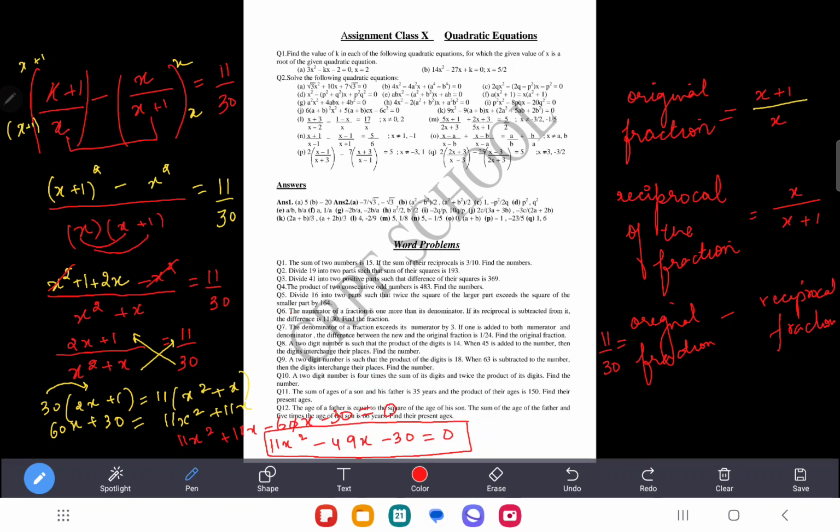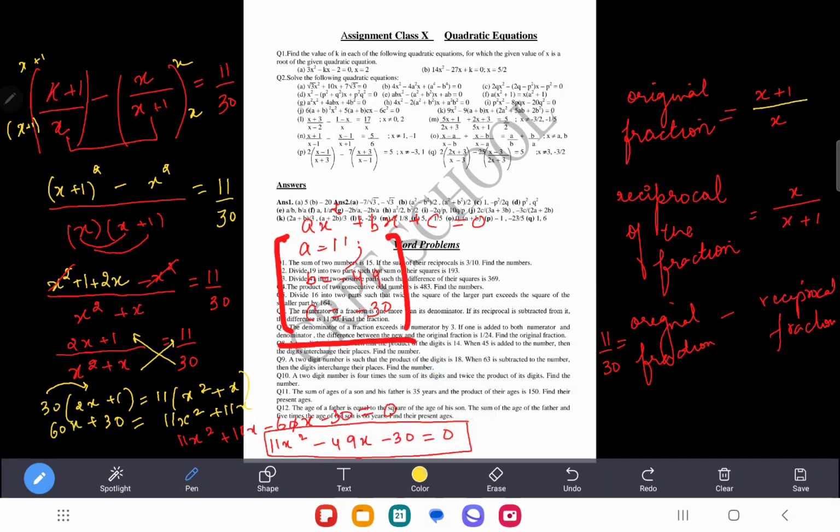And now I have this quadratic equation which is ax square plus bx plus c equals 0. Are you understanding? So how do I compare it? I get a as 11, b as minus 49 and c as minus 30. Yes or no? And now you can simply put it in the formula.